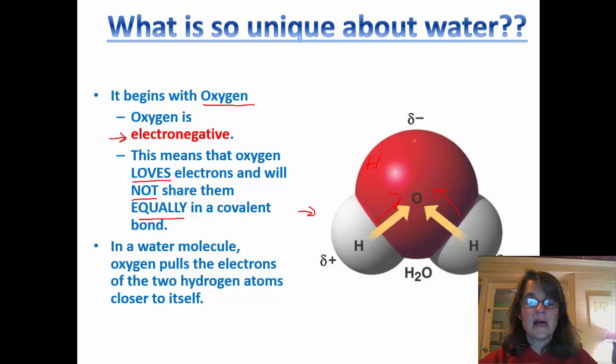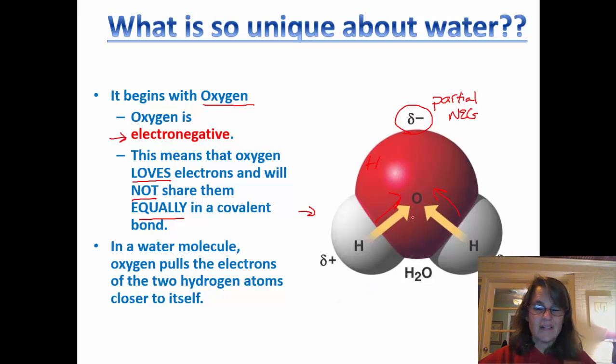And that means the oxygen end gets a slight, partial, please note, partial negative charge. It's not total. It's not an ion. It's just a slight negative charge because the electrons are over here more of the time. On this end, because the hydrogens have kind of sort of lost their electrons a lot of the time to hanging around with oxygen, these guys get a sort of partial positive.